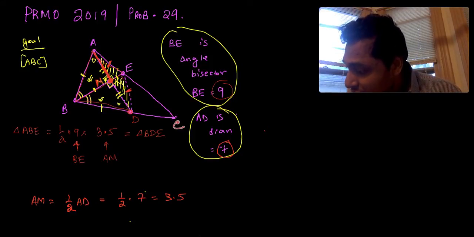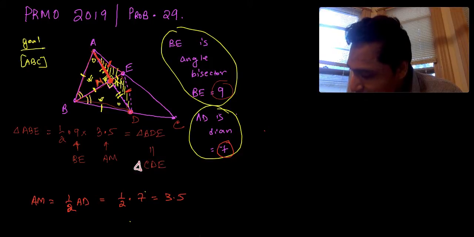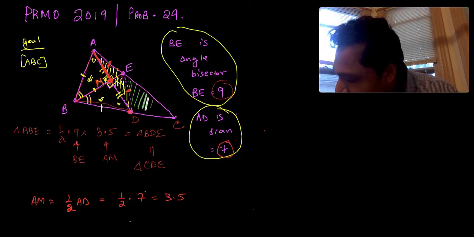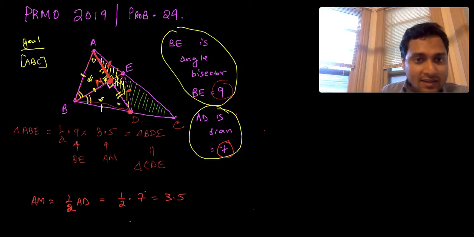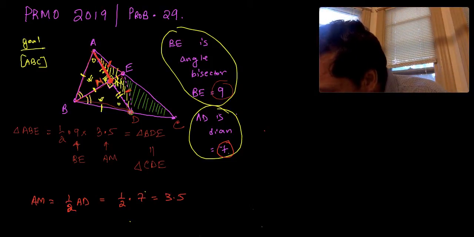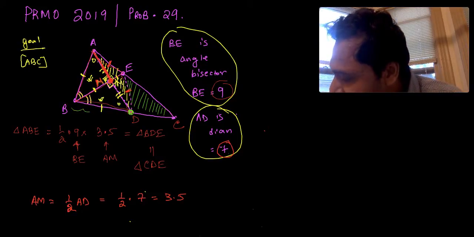So we have the area of ABE, the area of BDE, and we also have the area of CDE. Why do we have the area of CDE? Well, look into this. D is the midpoint of BC.